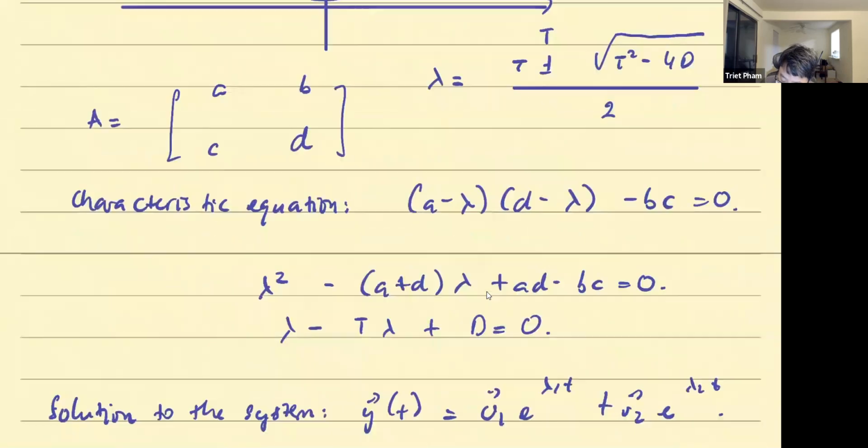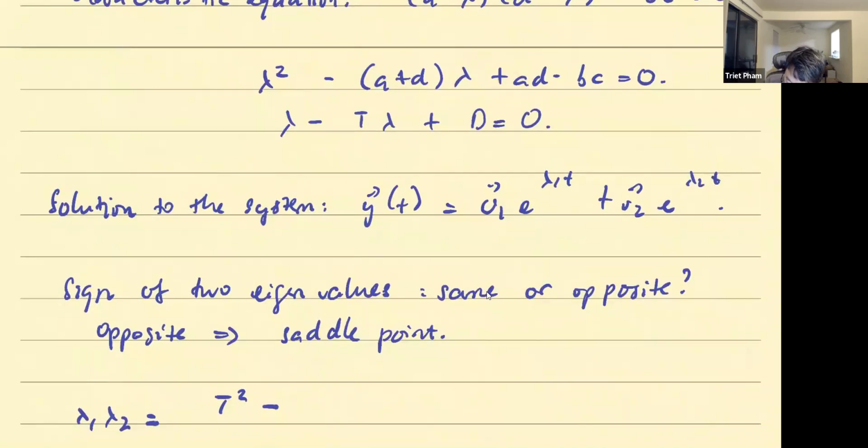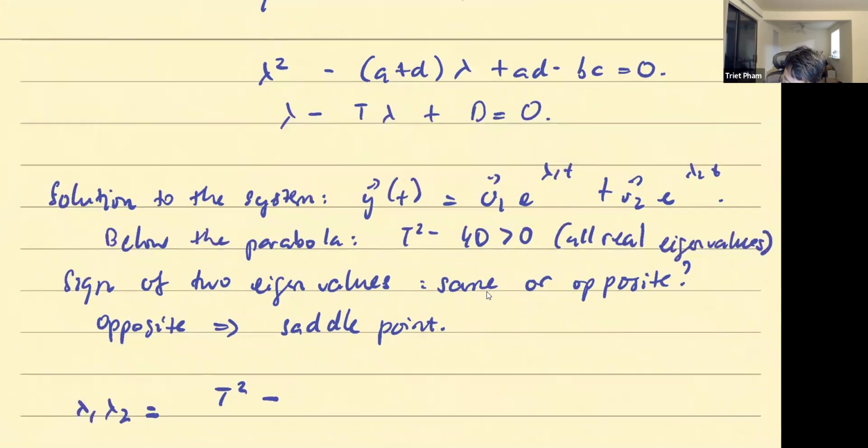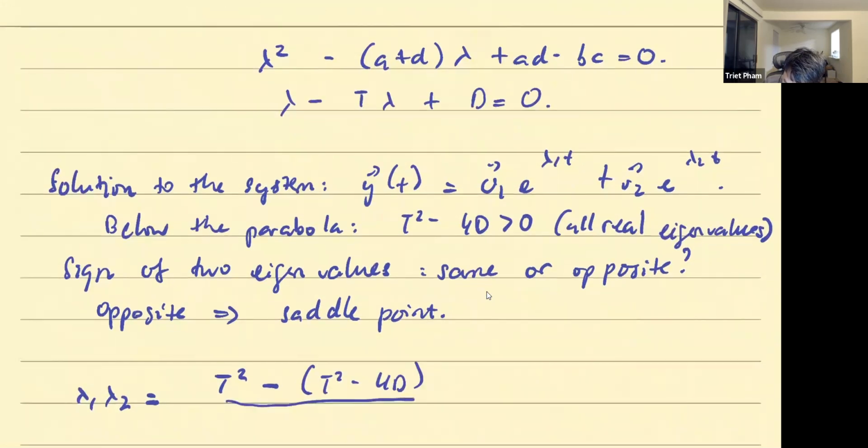So below the parabola, where t squared minus 4d is positive, okay? So all real eigenvalues. Then this is going to be t squared minus 4d divided by 4, which is just d.